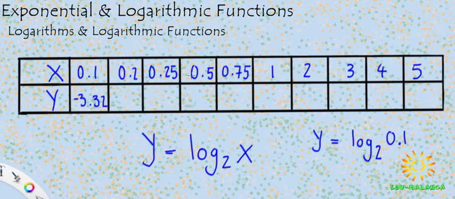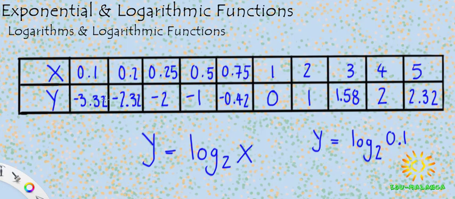And we're going to do the same for the rest of these values over here. So I suggest you pause the video and take the opportunity to do it yourself. I've already done this beforehand, so I'm going to just fill in the values. So these are the values that we will plot on our Cartesian axis.